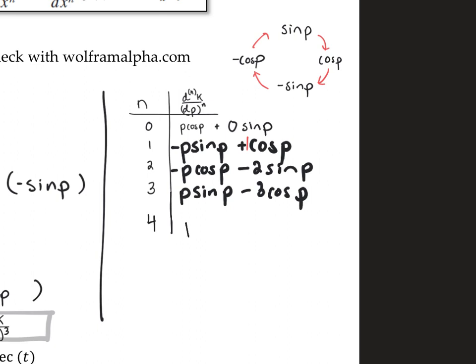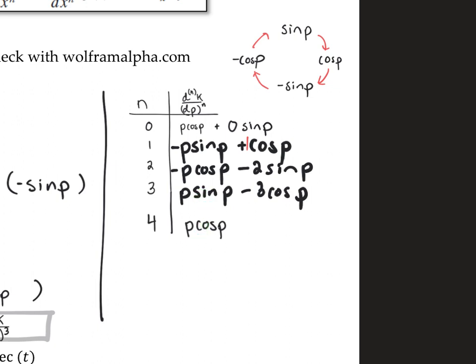So I think it's definitely going to be p cosine of p, and we went positive, negative, negative, positive, so that should go negative because we've completed that. Nope, it's going to go positive again. Sorry, we need to have 2 positives. So it looks like there's always a p at the front, and then it goes sine, cosine, sine, cosine.